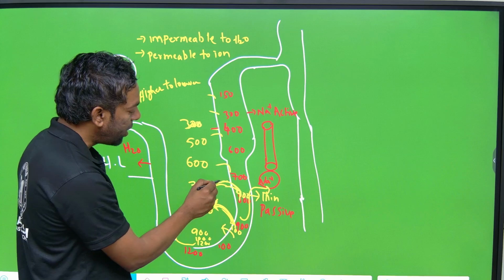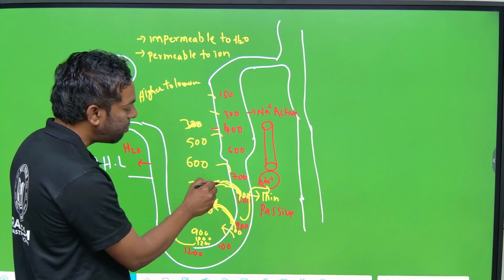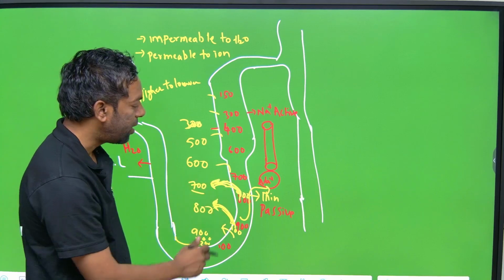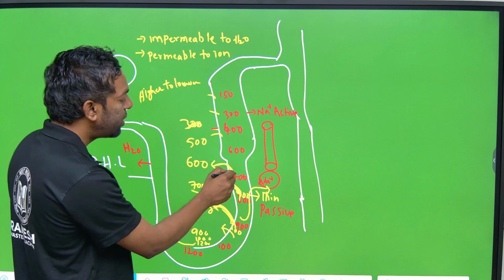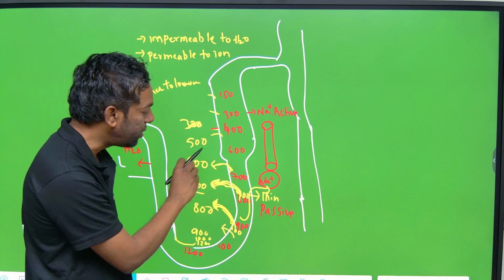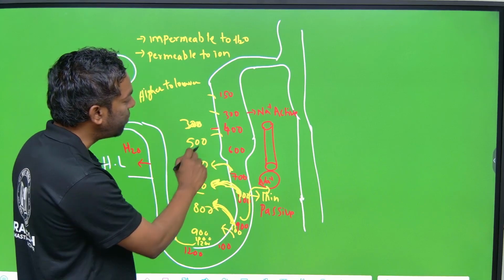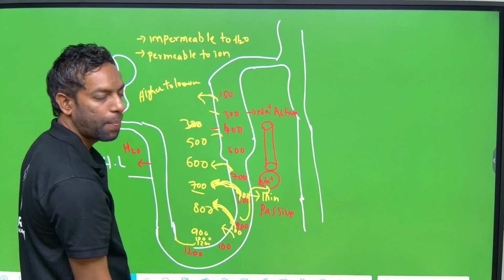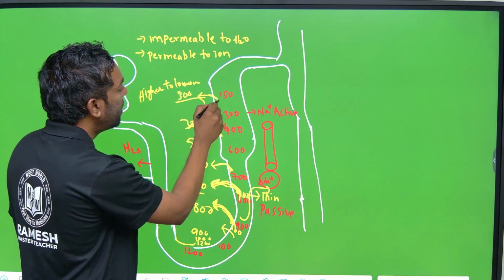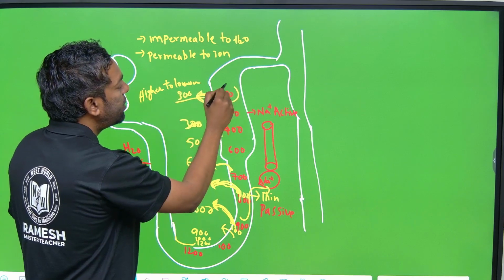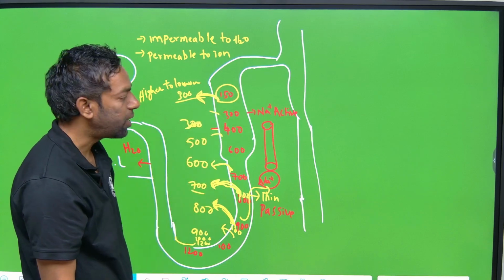Here 700 ions are moved from the 800 to 700. In the same way, ions move from high concentration to low concentration up to 150, here 300. As compared with this, it is very dilute.